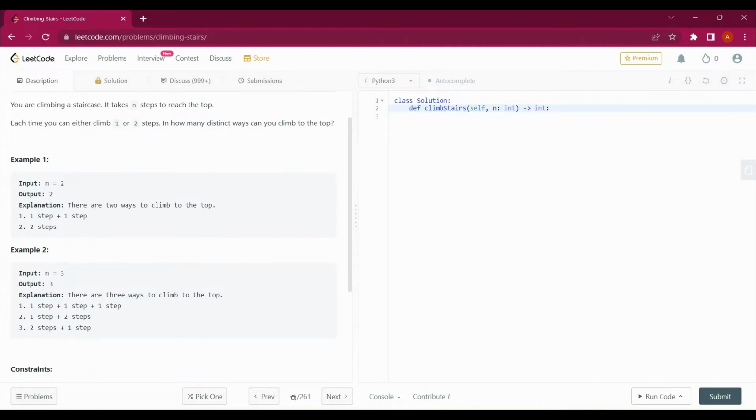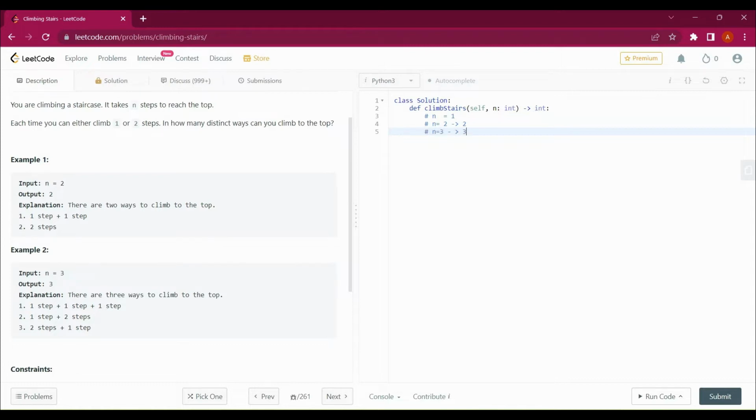If we see the example, if n is equal to 1, we can take only one step, and if n is equal to 2, it gives us two ways. And if n is equal to 3, we get three ways.